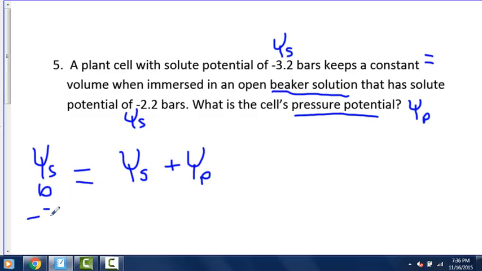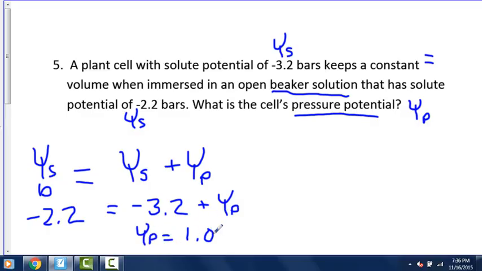So this is negative 2.2. I'm going to fill in the values I have so far. The solute potential is negative 3.2. So I'm just solving for this, and this would have to be 1.0. 1.0 would be my value for the pressure potential. And I would put it in bars because all the other units are in bars.